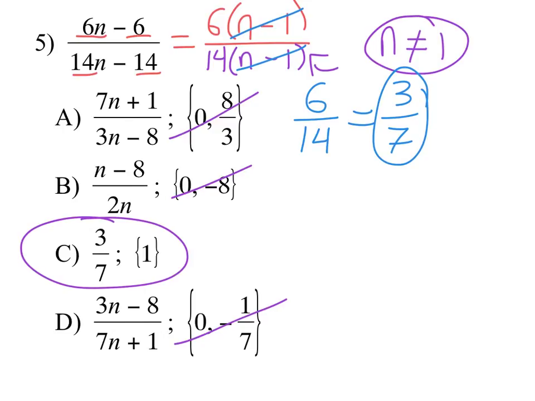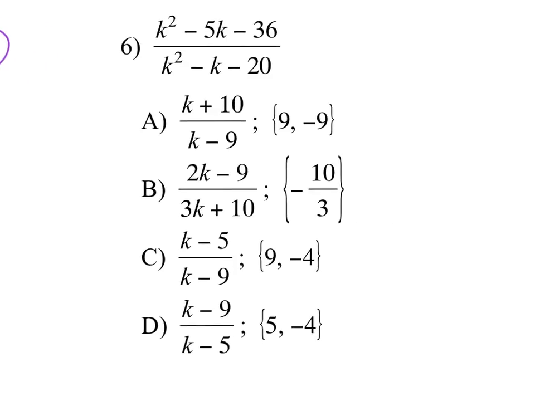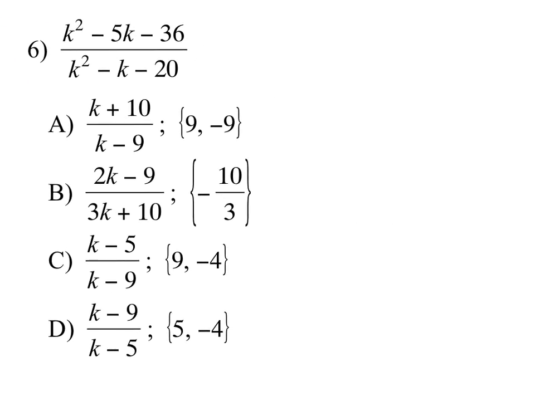The other problem in this section I'm going to do is number 6. Here we've got some factoring both in the top and the bottom. Both of these are quadratic. The nice thing here is that we don't have any numbers in front of our k-squareds, so we can use the shortcut we've developed for factoring.